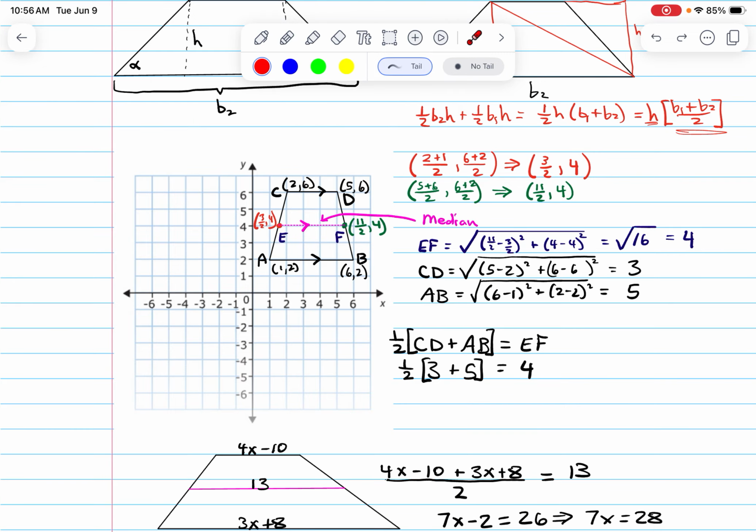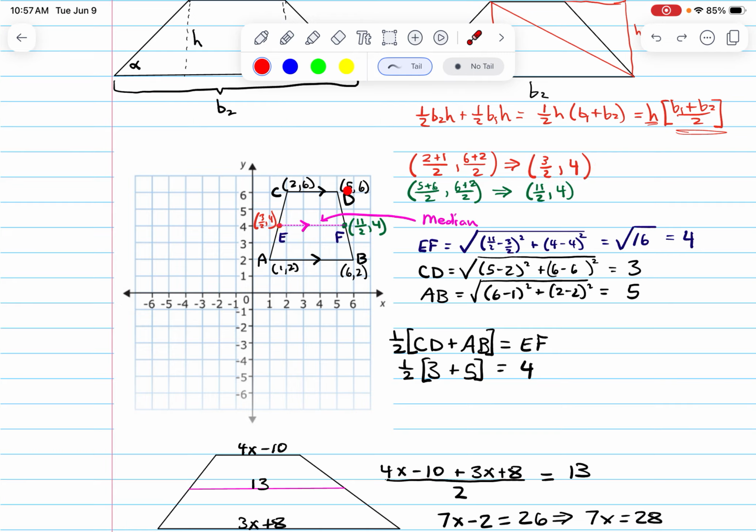And what I've done here is I have calculated the midpoint between this point C and this point A. I've taken the average of the x's, 2 plus 1 divided by 2, getting the mid-x, and then the middle of the y's, 6 plus 2 divided by 2. And I get this point right here, which I plot here.